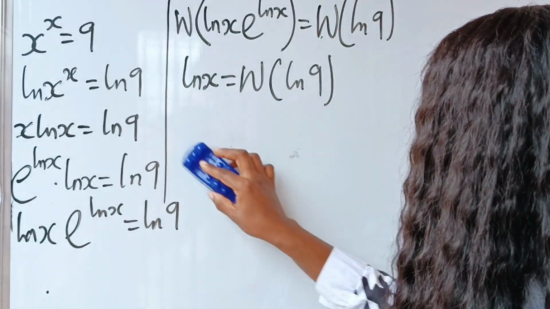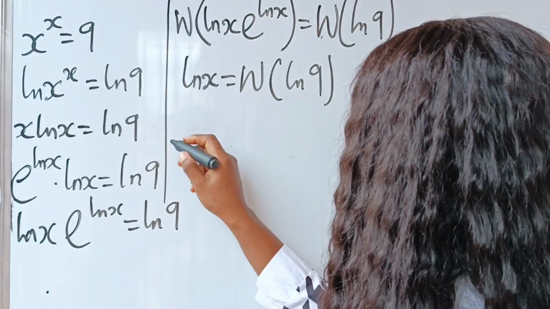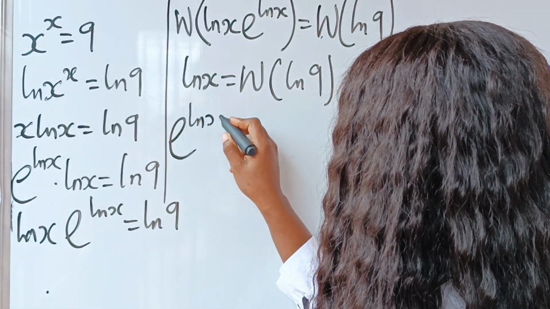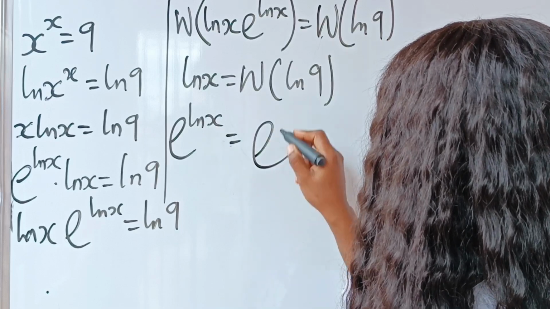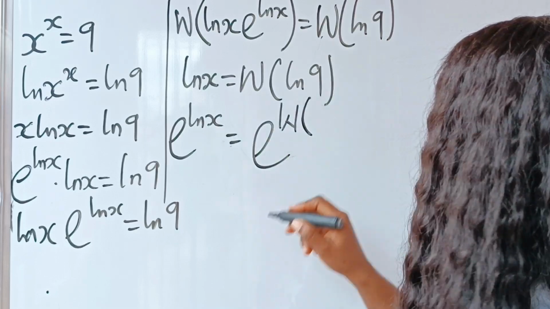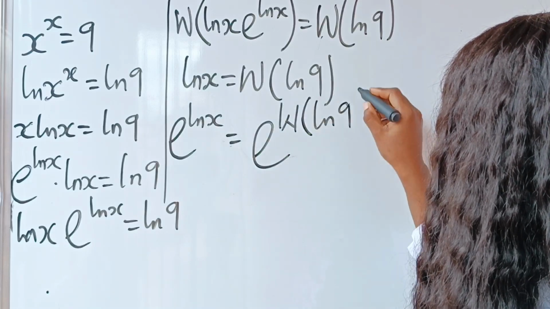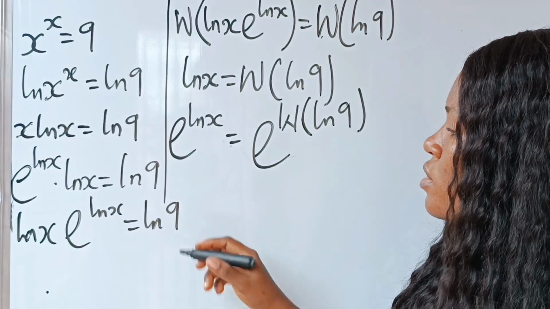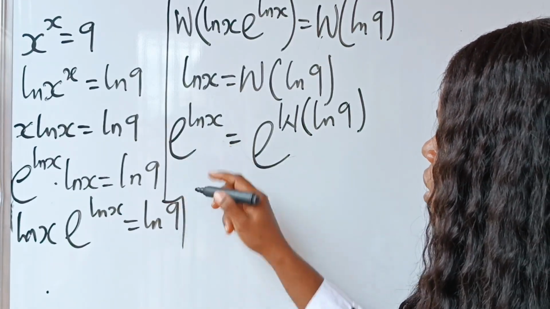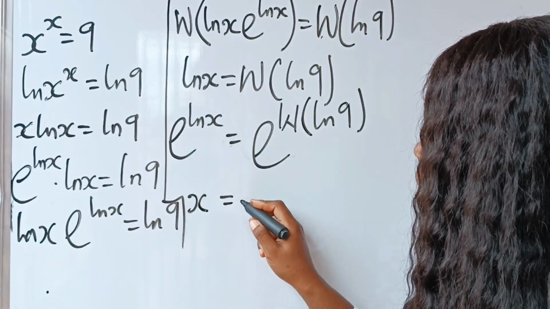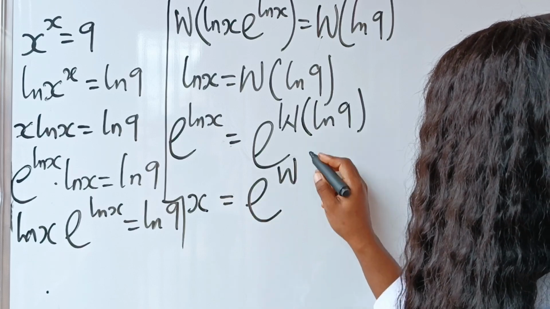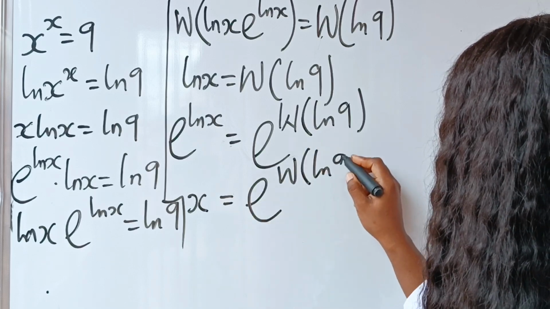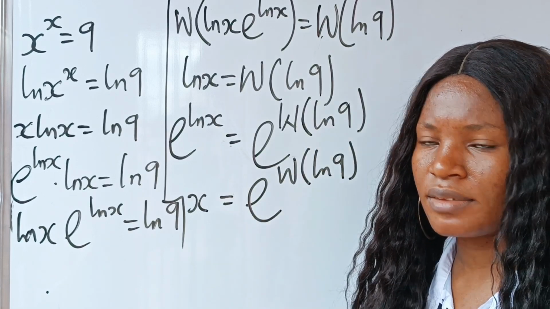So we have e to the power of ln x is equal to e to the power of Lambert W function of ln 9. So that means that this place will give us x is equal to e to the power of W Lambert function of ln 9.